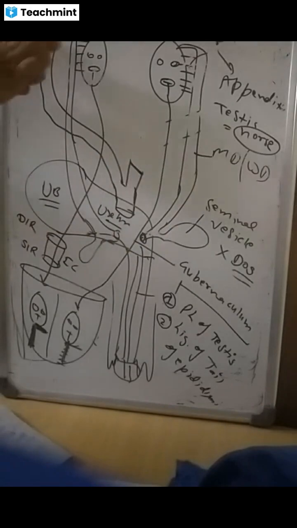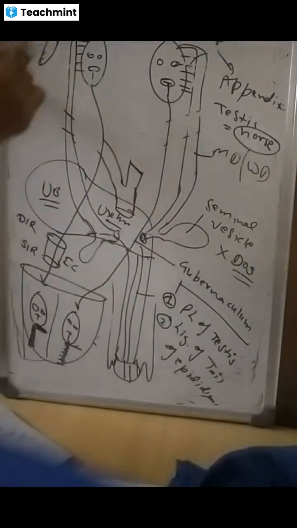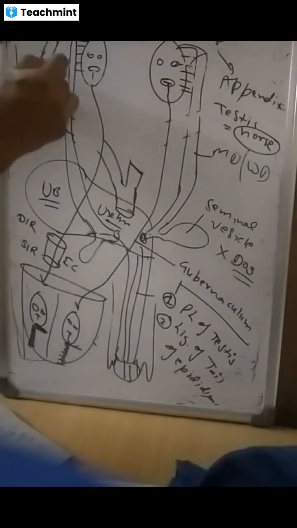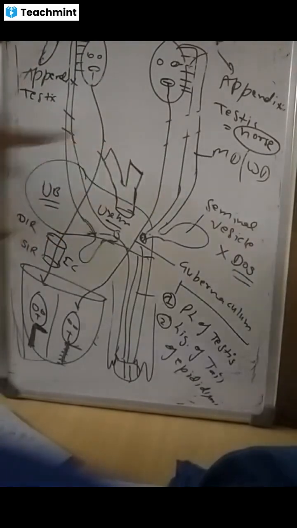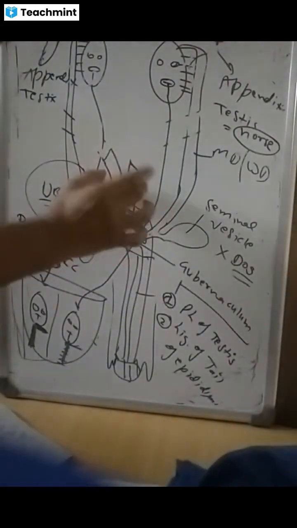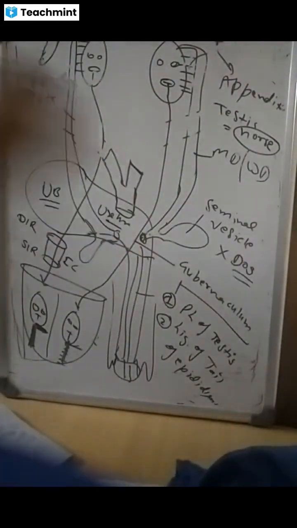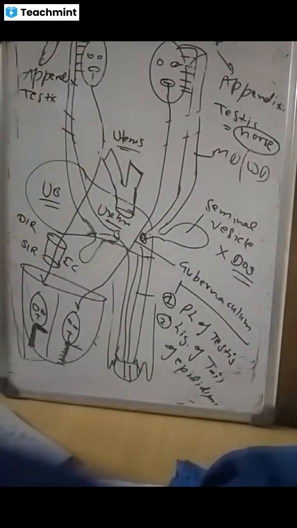So the cranial part will degenerate and remain as a remnant, known as the appendix testis. The caudal part of the paramesonephric duct looks like a uterus.